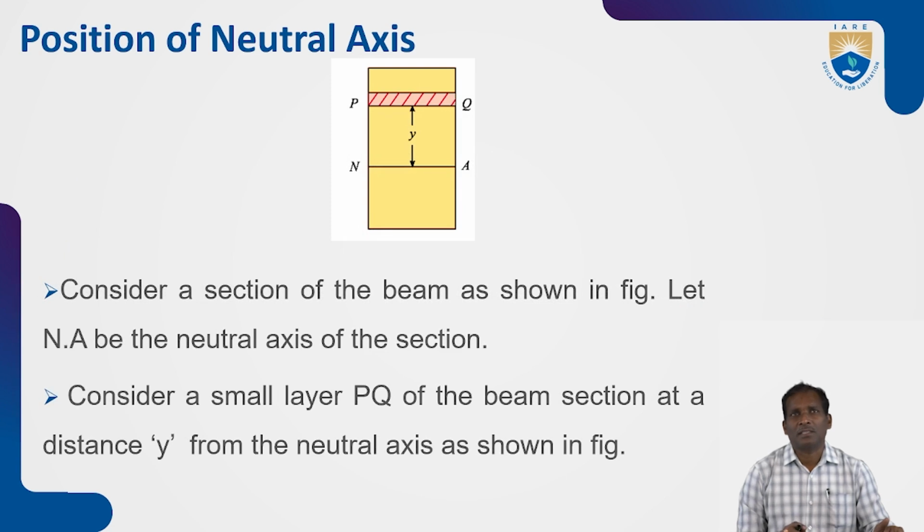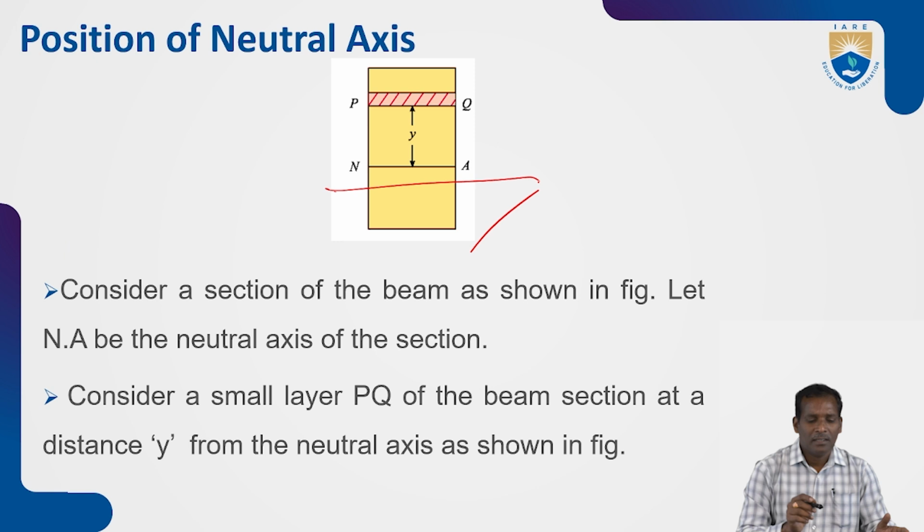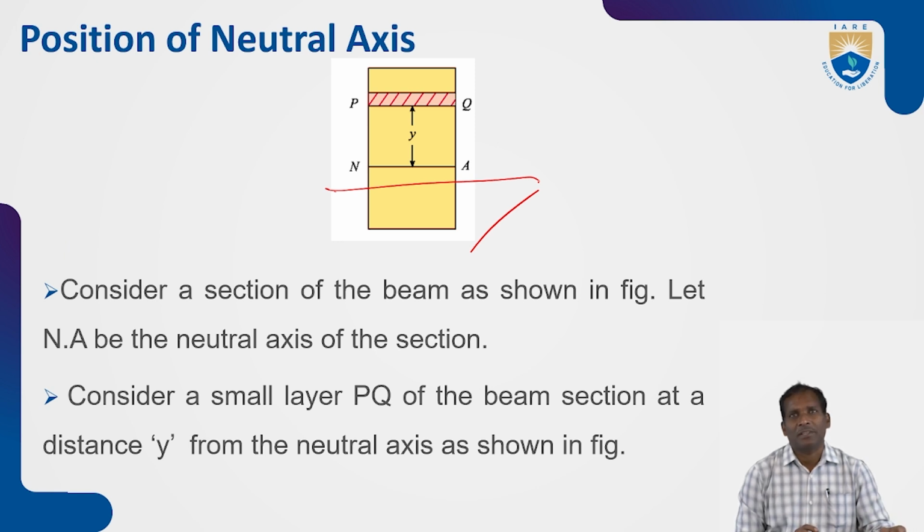So how to fix the position of neutral axis for a particular beam? See here, consider a section of beam as shown in figure. Let NA be the neutral axis of the section. Take a small elemental section, that is PQ.